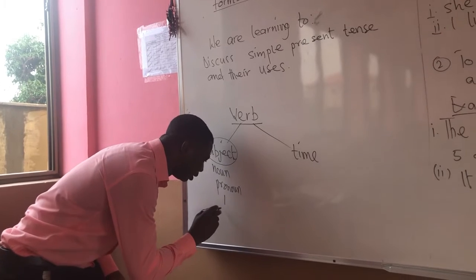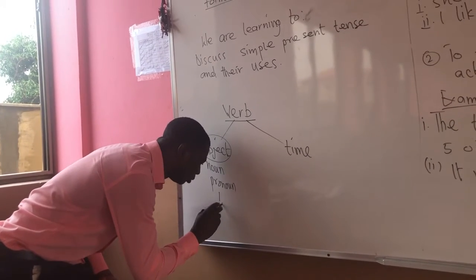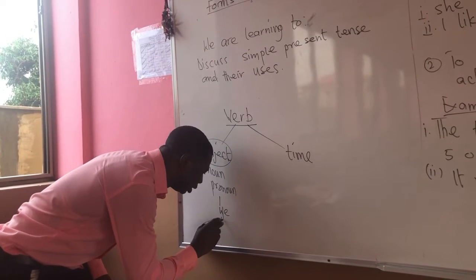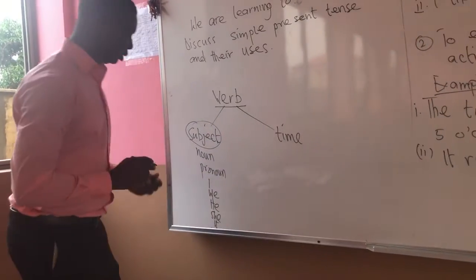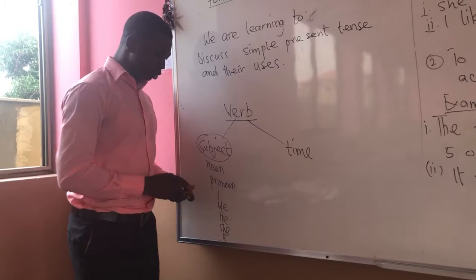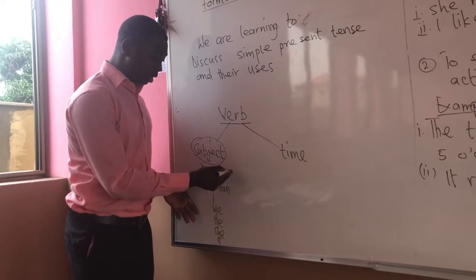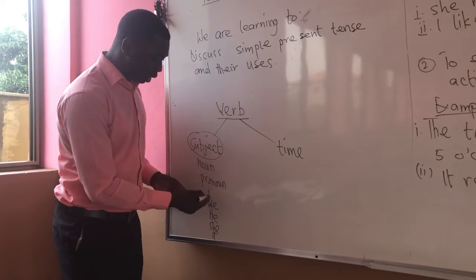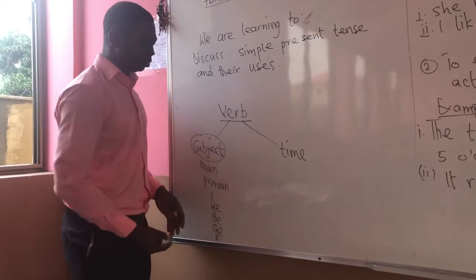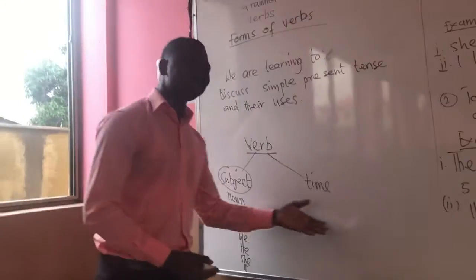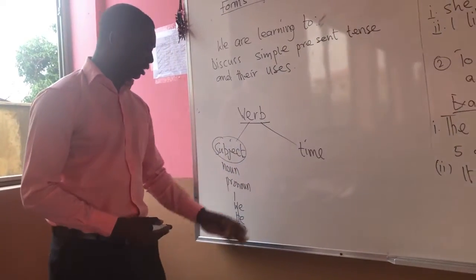And the pronoun can be I, we, he, she, and then it. These are the pronouns. So when you don't want to use any of the nouns, you can use I, we, he, she, and it to form the action.